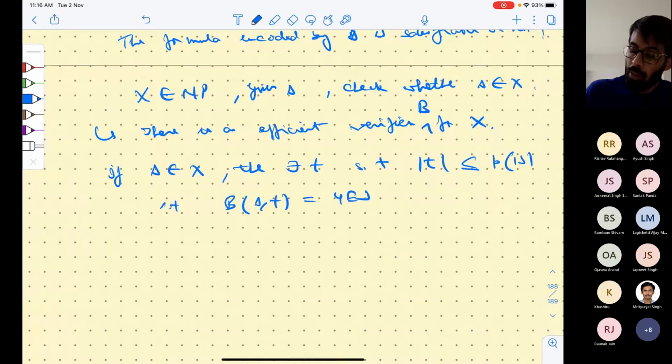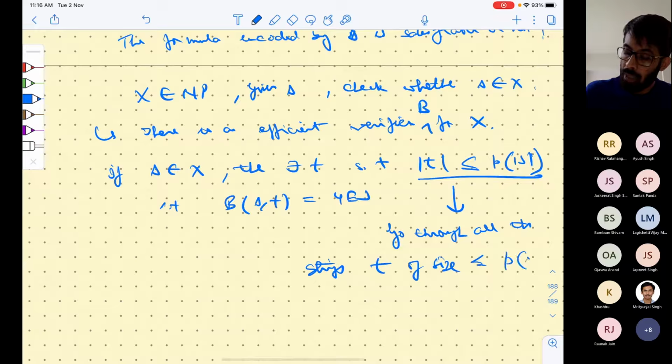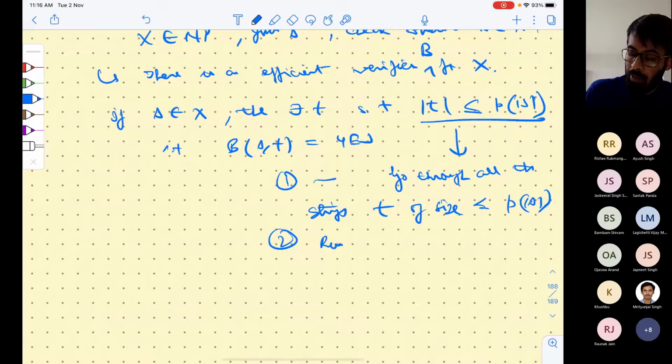So basically you go through all the strings T of size at most P of S, and then run B on S comma T.